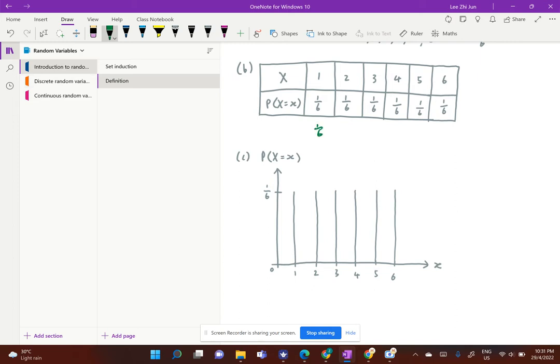So 1 over 6, this is F(1). F(2), 1 over 6 plus 1 over 6, 2 over 6. F(3), 3 over 6. F(4), 4 over 6. F(5), 5 over 6. The last F(6) will be 6 over 6, or just write 1. Usually we just write 1.